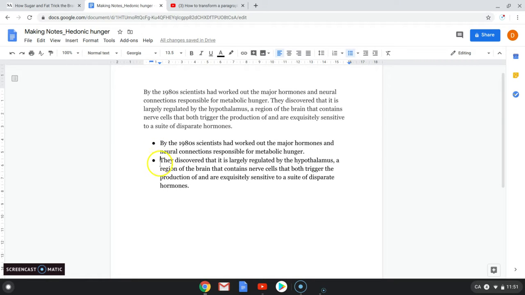They discovered, so that's referring back to the scientists, that it is largely regulated. Well, the it goes back to metabolic hunger over here. And regulated by the hypothalamus, well, I guess that's talking about what's responsible for metabolic hunger. So all this is clearly developing.